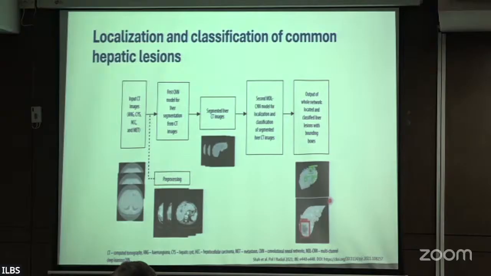Each and every nodule can be segmented, each and every nodule can be processed with radiomics analysis, and each nodule can be told whether it is benign, malignant, or a metastasis. It is a kind of digital pathology.